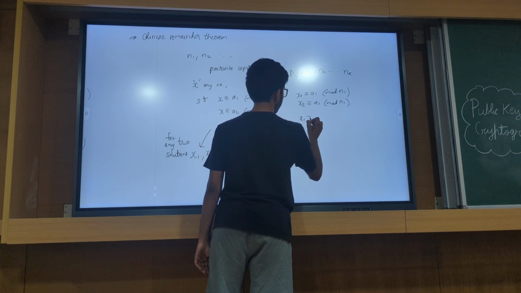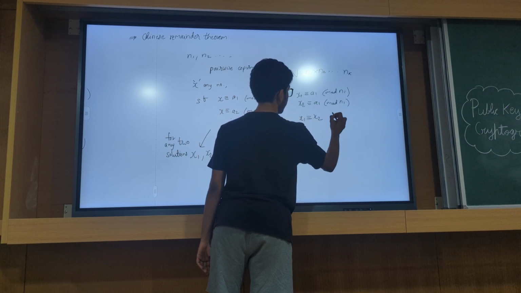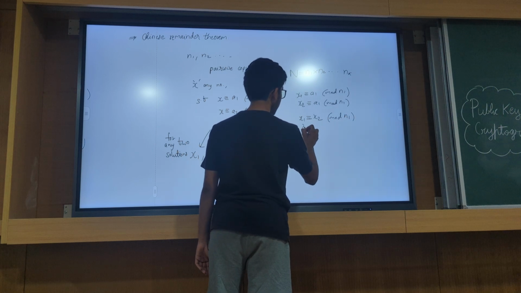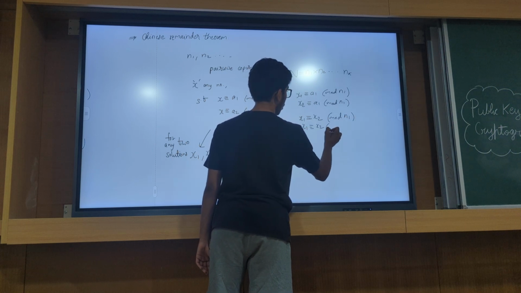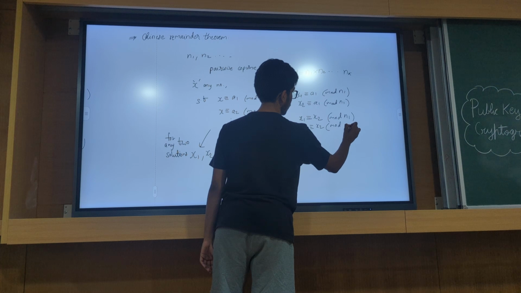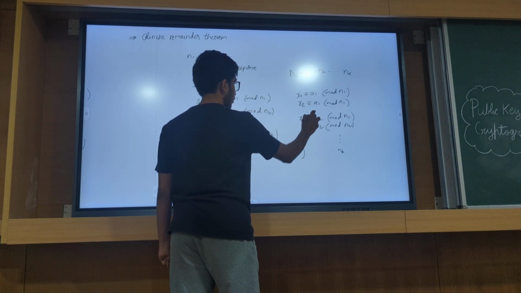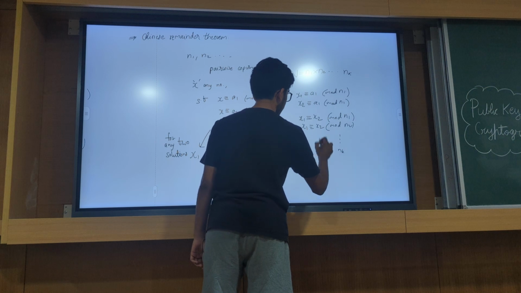So x1 is congruent to x2 mod n1. Similarly, x1 is congruent to x2 mod n2, and so on until nk. Now, if x1 is congruent to x2, it means x1 minus x2 is divisible by that.